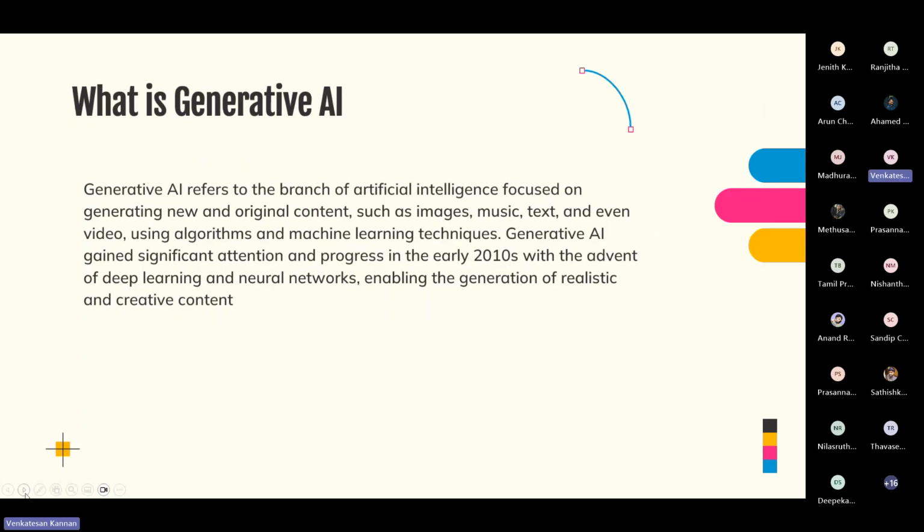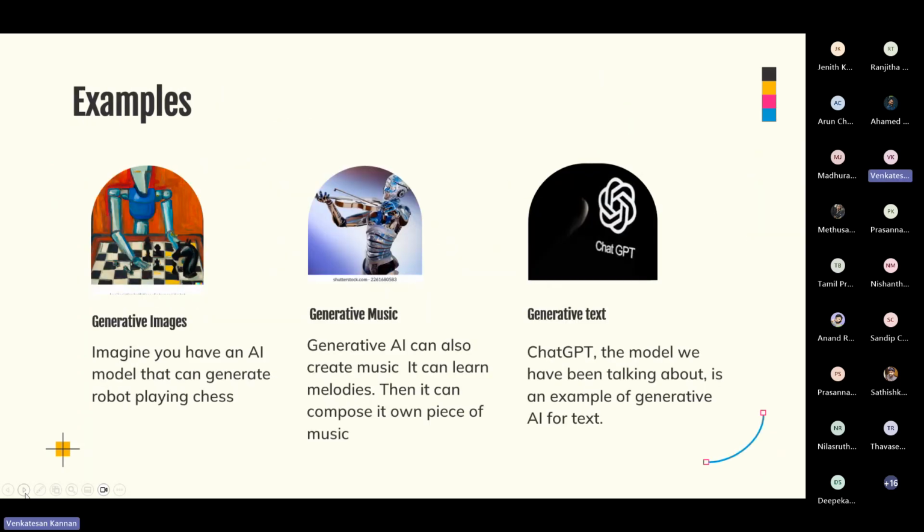So these are the things I've covered. And as examples, I can say there are three kinds of examples. One is generative images, which I've explained now, and another one is music. It can also produce music. For example, you can train an AI model with a large data set of classical music. AI can learn melodies, harmonies, and structure of classical composition.